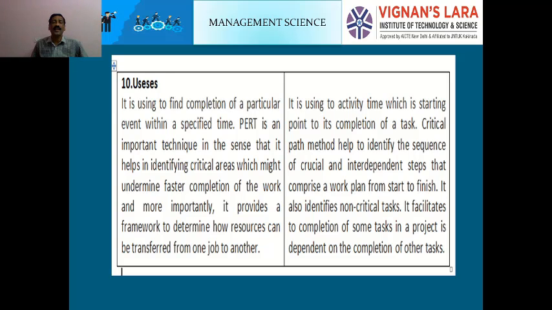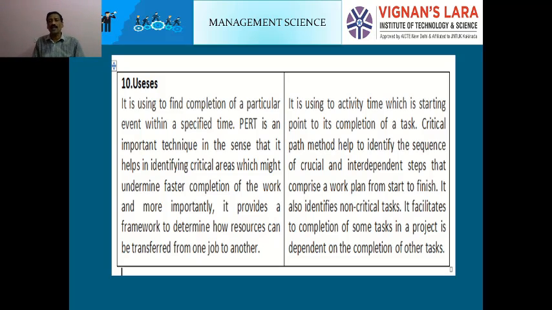PERT is an important technique in the sense that it helps in identifying critical areas which might undermine faster completion of the work, and more importantly, it provides a framework to determine how resources can be transferred from one job to another. That means the central use of PERT is that it is event oriented and calculates how many events are involved in the total project with reference to certainty and uncertainty of time.